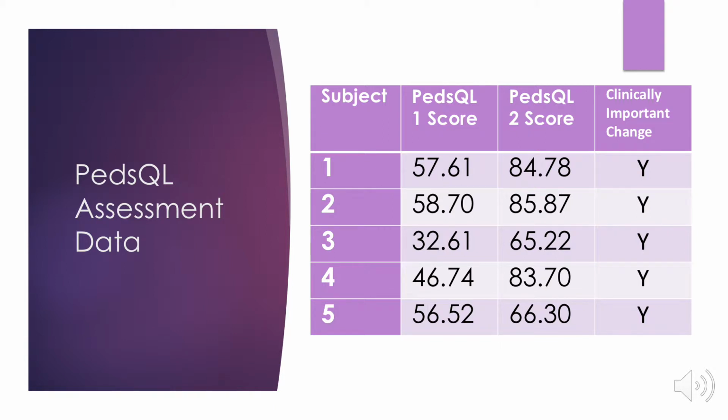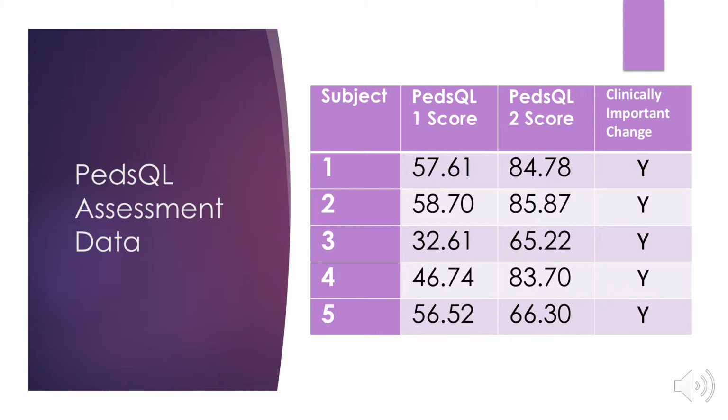For the PEDS-QL assessment data, I will go over the chart that's on the right. So the first subject, their first PEDS-QL score was a 57.61. Their second score was an 84.78. The second subject, their first score was an 58.70, and their second score was an 85.87. The third subject, their first score was a 32.61, and their second score was a 65.22.